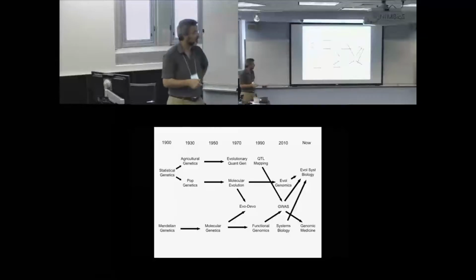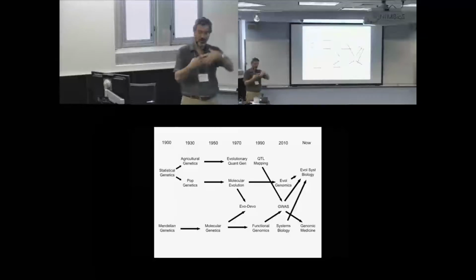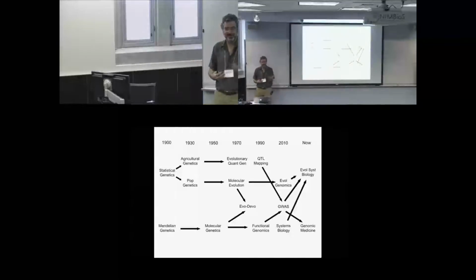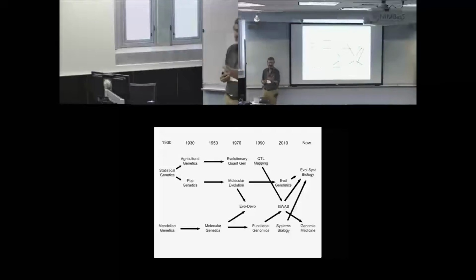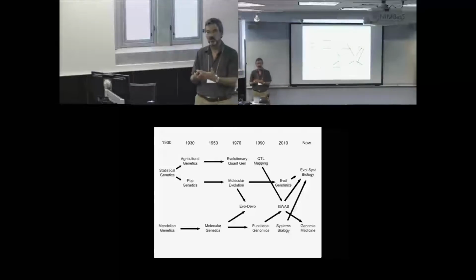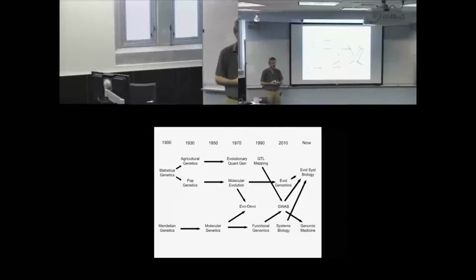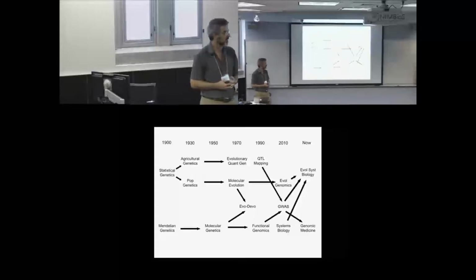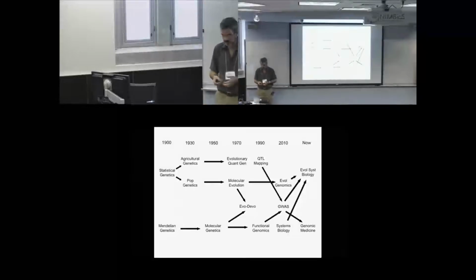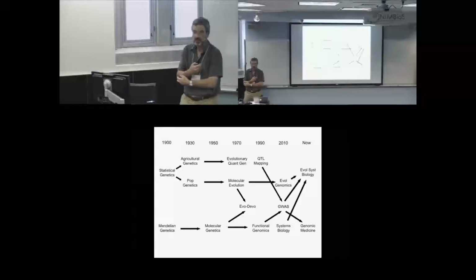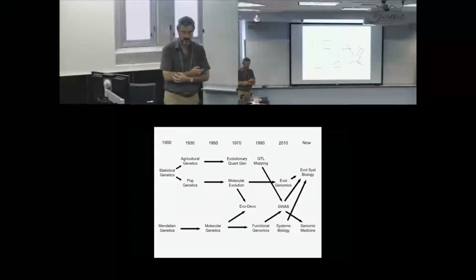And then finally, we're at this major crisscross where all these fields are merging together because molecular biologists understand that they need to know something about population variability in order to address the questions, even within human disease, for instance. And evolutionary biologists recognize that in order to answer their questions, they need to know more about the genetic underpinnings of how things work.